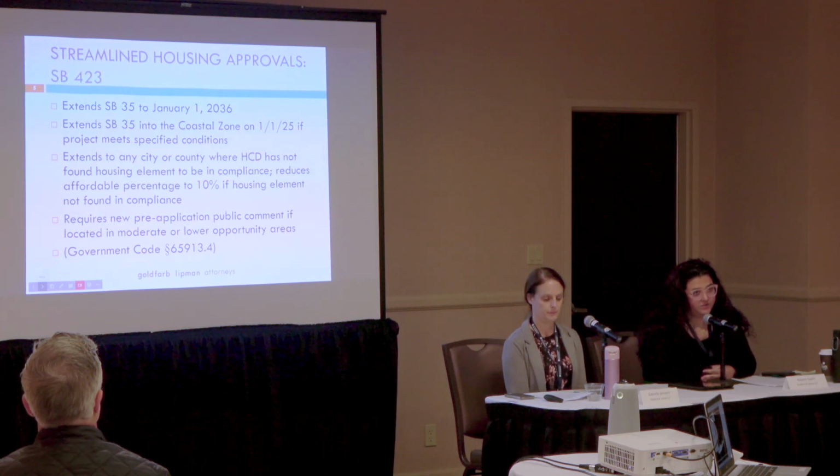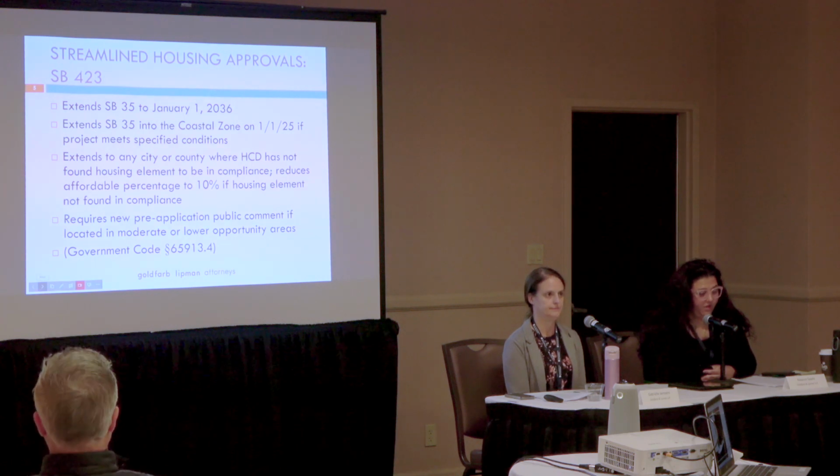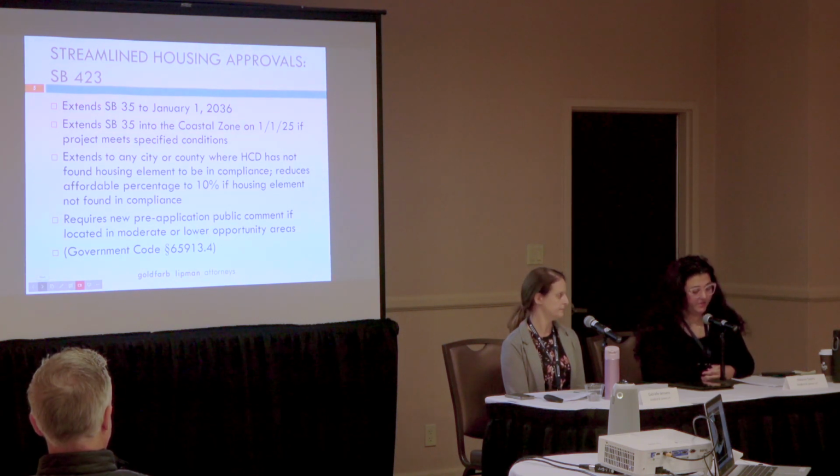So now it's not just if you haven't met your RHNA numbers, but also if you haven't adopted a housing element that HCD has certified, then an SB 35 project can be proposed in your jurisdiction. It also reduces the affordable percentage to 10% if the housing element has not been found to be in compliance, so rather than the 50%, it's 10%.